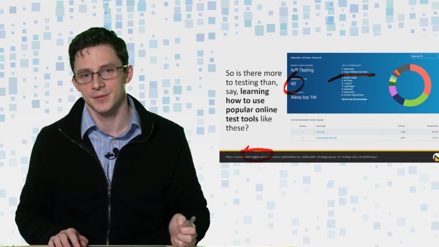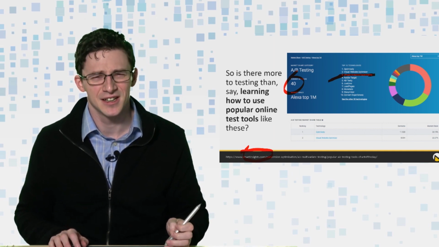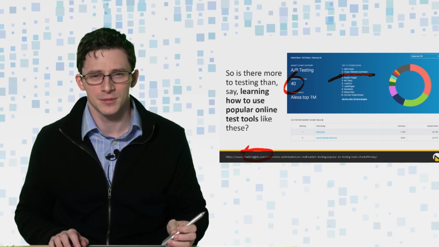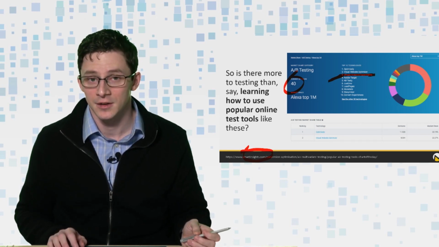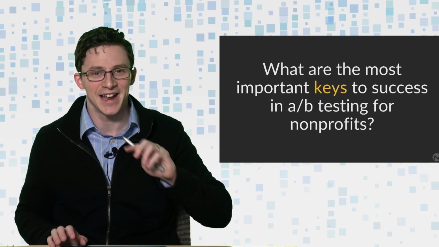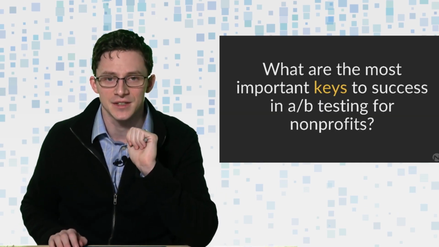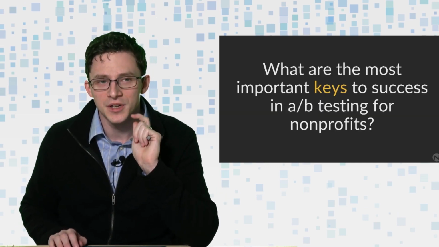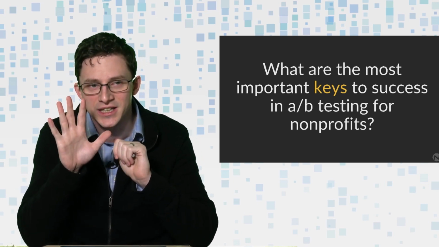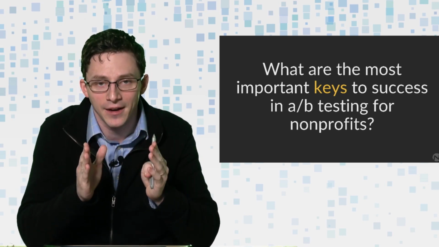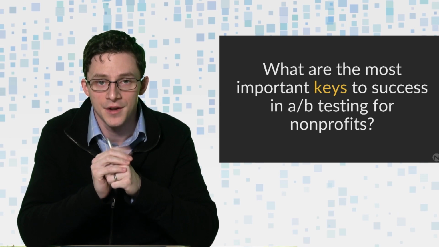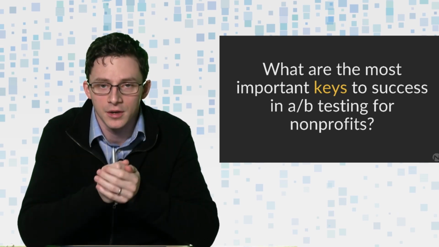Maybe you've heard about somebody that ran a test and they weren't really taken seriously, or maybe they just didn't get the result they were looking for and then they got shut down. You wanna know why? It's because they didn't have these 5 keys to success, okay? I'm going to give you 5 keys to success, and these are specific to not-for-profit testing, because that's what we know here.